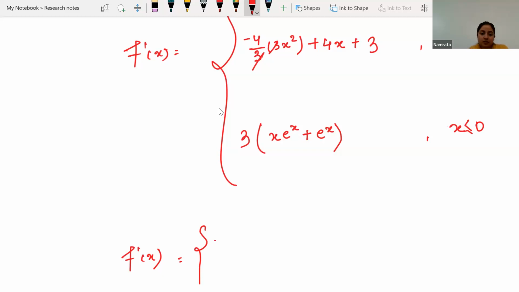So we can write it as minus 4x square plus 6x minus 2x plus 3. Here we can take e to the power x common, so we'll be having x plus 1. And this is for x smaller than or equal to 0.